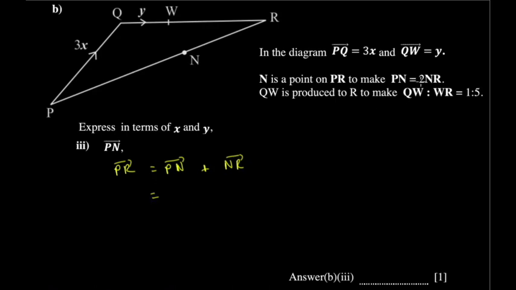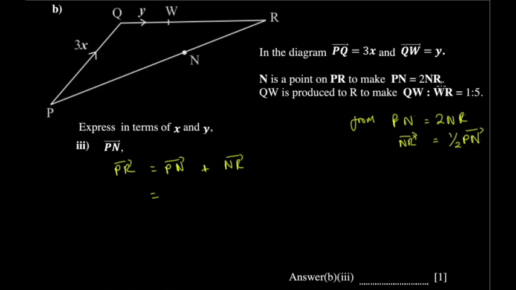From here, what we can deduce, without putting the vector, is that PN is equal to 2NR. So from this, you can deduce that NR is equal to half PN.